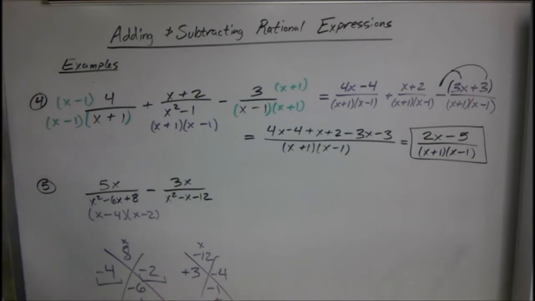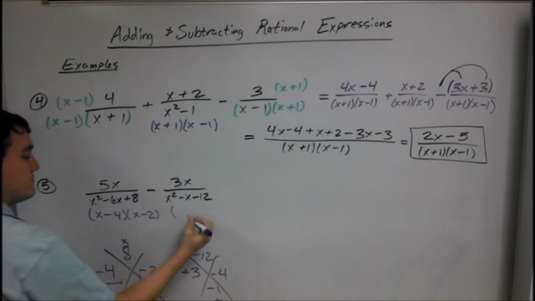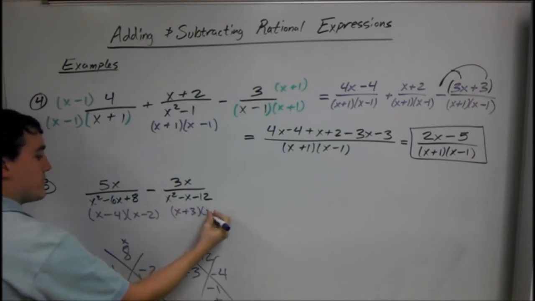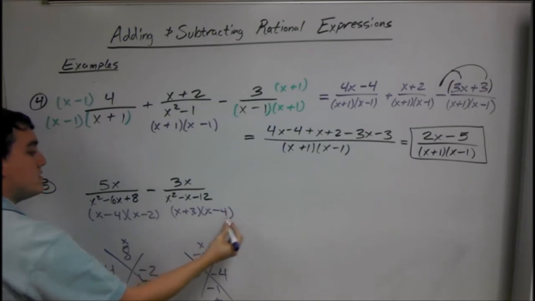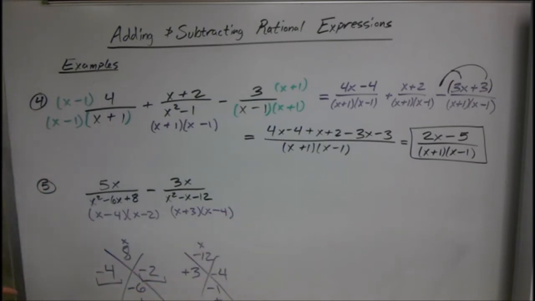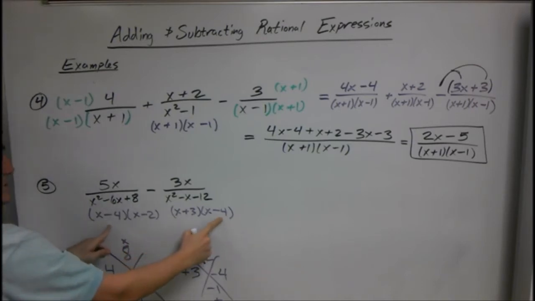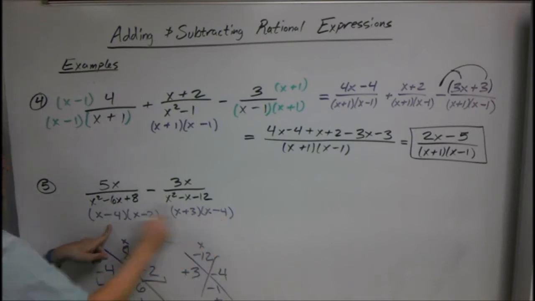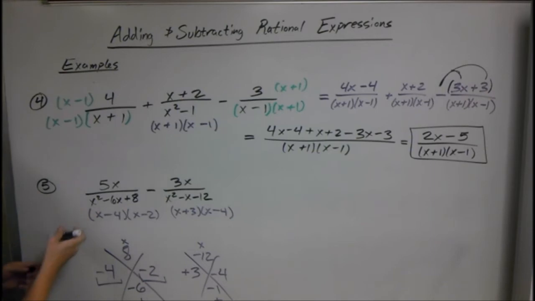So that's positive. So this one factors into x plus 3, x minus 4. Now remember, it's a combination of the two that gives us the common denominator. So here we both have an x minus 4 in both of them. So this one is going to need an x plus 3. We need an x plus 3 here.